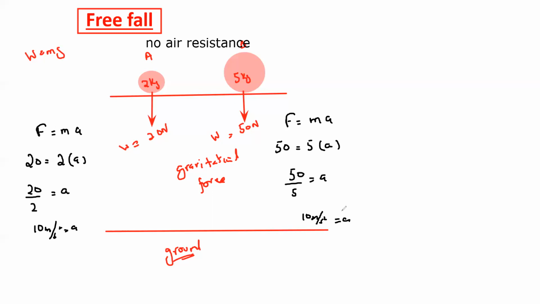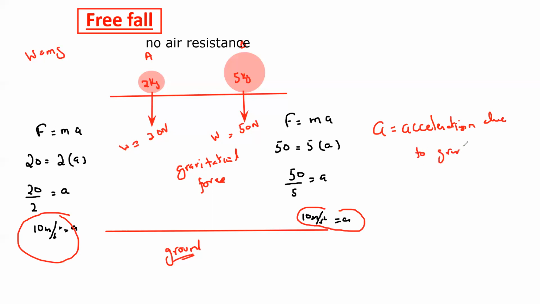So when there is no air resistance, even if it's a lighter object or a heavy object, both objects will fall with the same acceleration, and this acceleration is known as acceleration due to gravity. And that is denoted by letter g. That's why we say gravity is 10, or acceleration due to gravity is also 10.